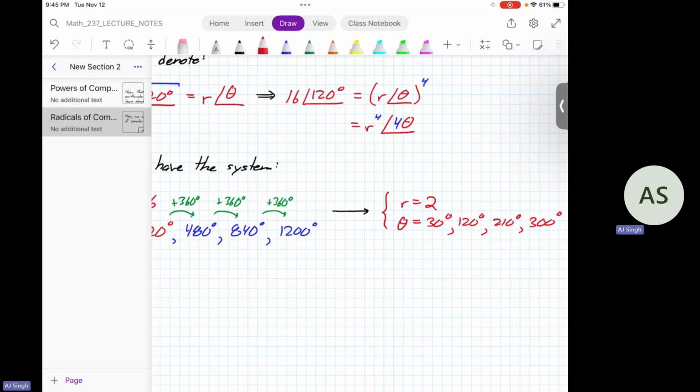Step 4 is write the answers down. And the answers are all going to have this yellow structure. And I have r and theta right here. So I'm going to have 4 answers, 1 answer for each angle.